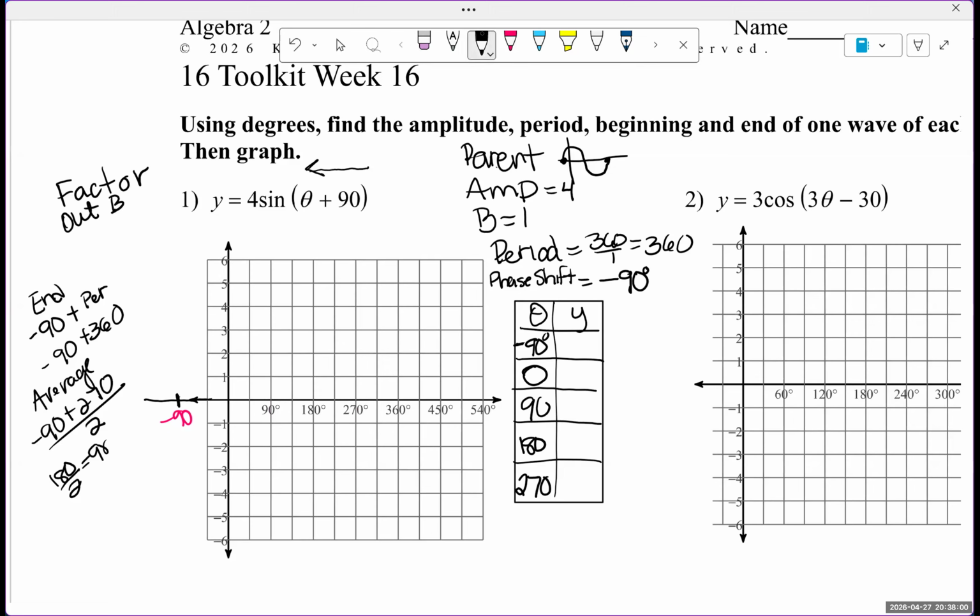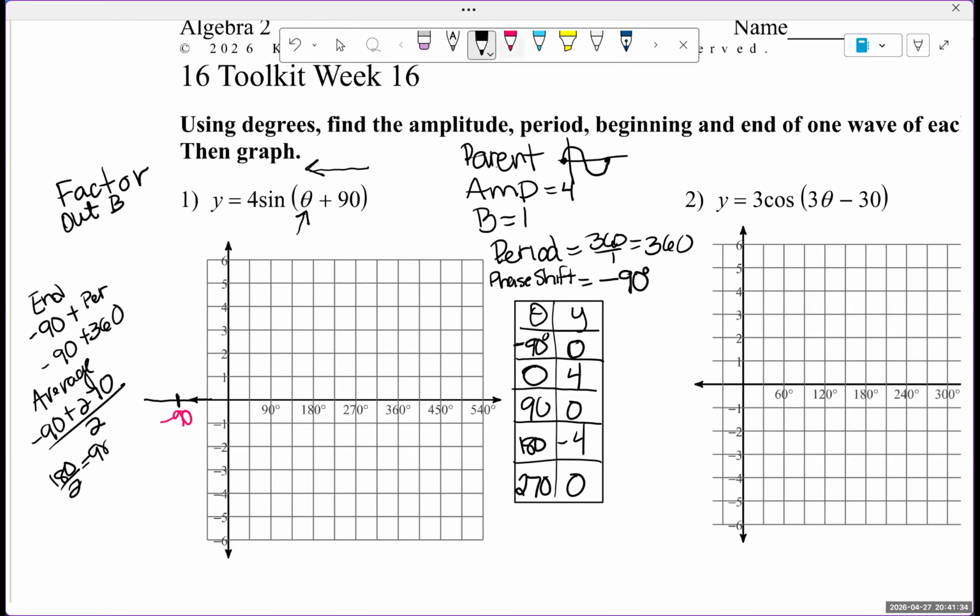Okay, so now we need to plug these into the calculator. When we plug in negative 90, we get 0. Now plug in 0 and you get 4. Plug in 90 and you get 0. 180, negative 4, and 270, you get 0.